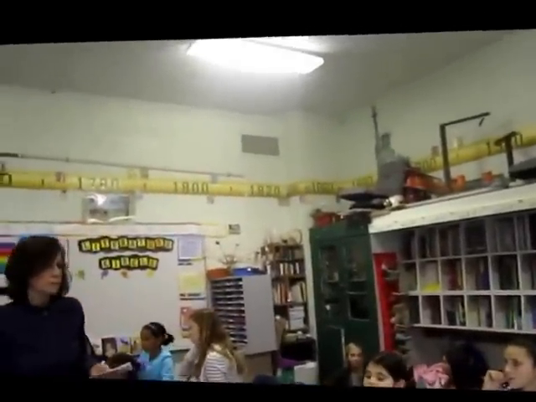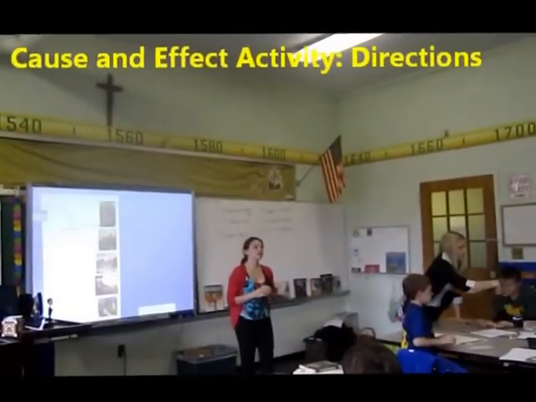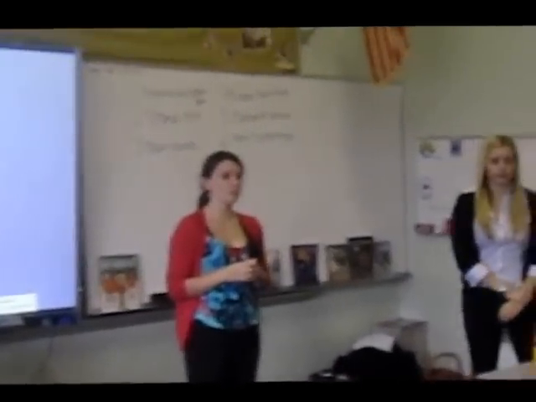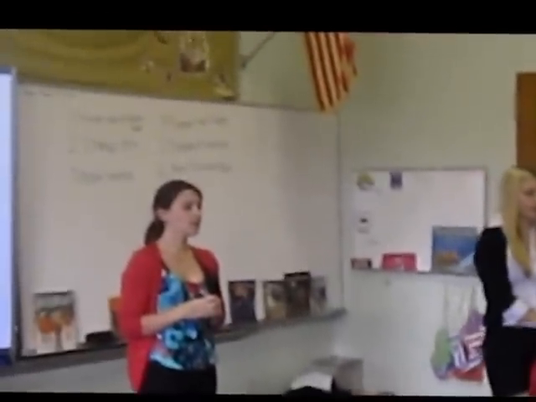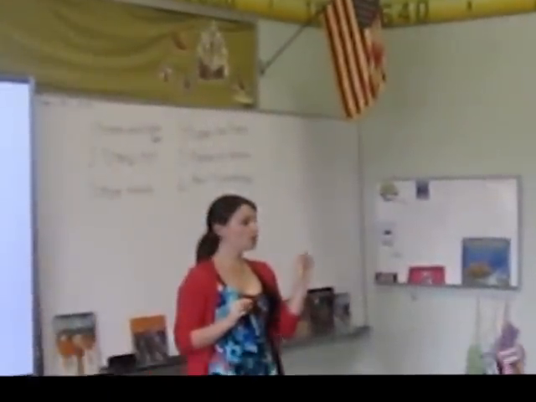Okay, everybody, eyes up here. Listen to me for the directions, okay? This is what you're going to be doing. Everybody, listen so you're not confused, please. In your little bags, you're going to have white sheets of paper. Those have different events and causes on them that we talked about, okay?